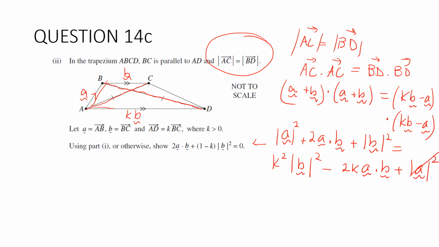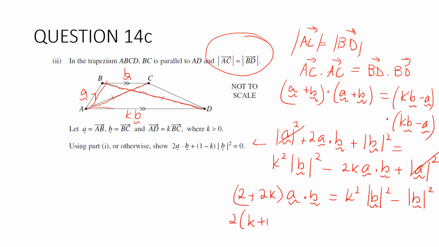So that cancels out, and we get 2 plus 2K lots of A dot B equals K squared minus 1 magnitude B squared. It's just 2K plus 1 A dot B equals K squared minus 1 magnitude B squared.